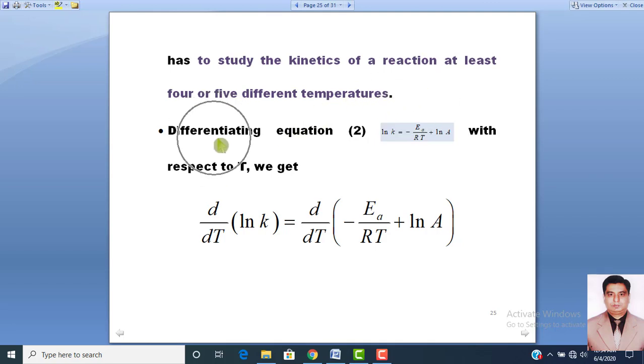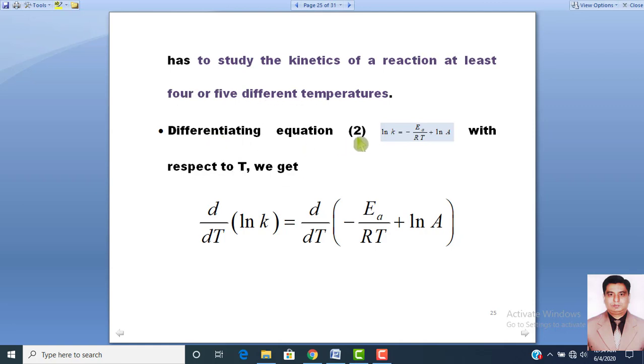By just differentiating equation number 2. Dear students, if you want to study the kinetics of a reaction at 4 or 5 different temperature values, then it can also be applied by using the Arrhenius equation. How is it possible? For this purpose, we will differentiate equation number 2.